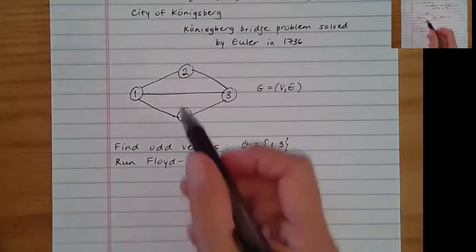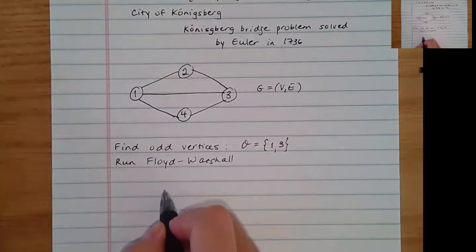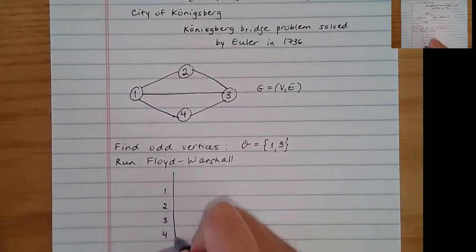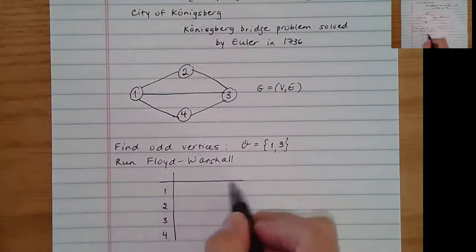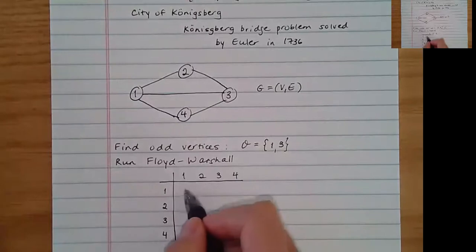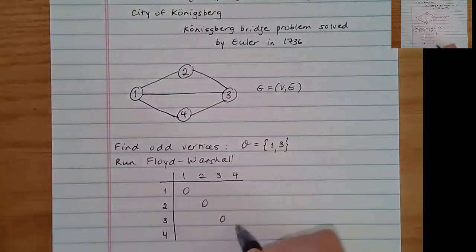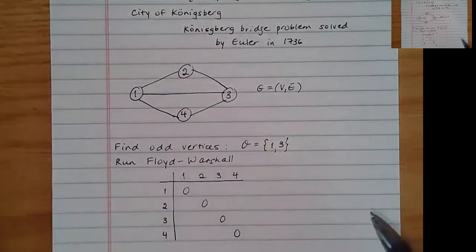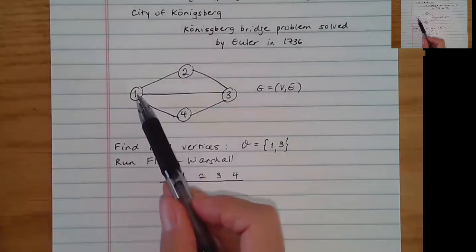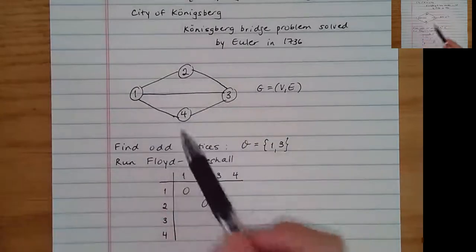Okay, so in this case, it's a tiny graph. So we have 4 vertices, and we can just do this directly. Of course, you should implement the algorithm, but we can see that I have a direct edge between 1, 3, and 4.